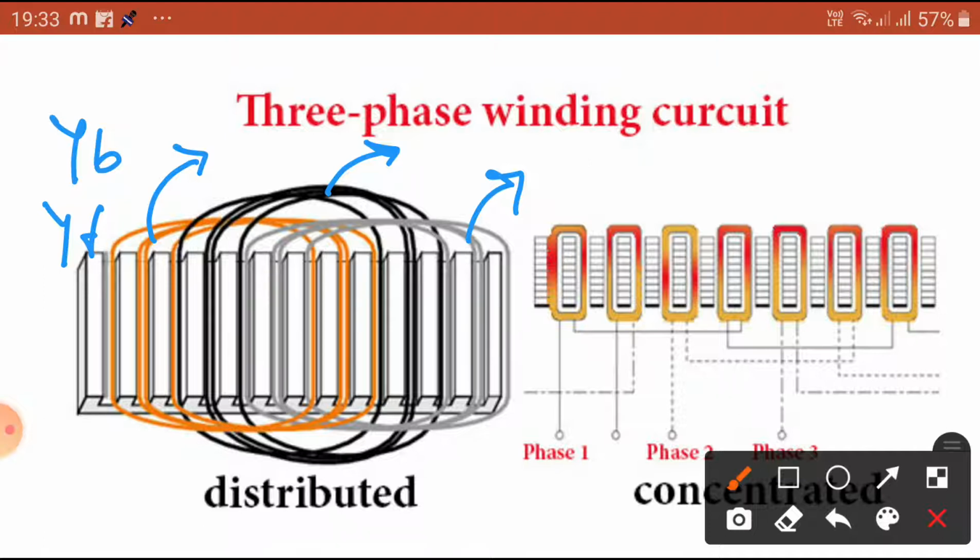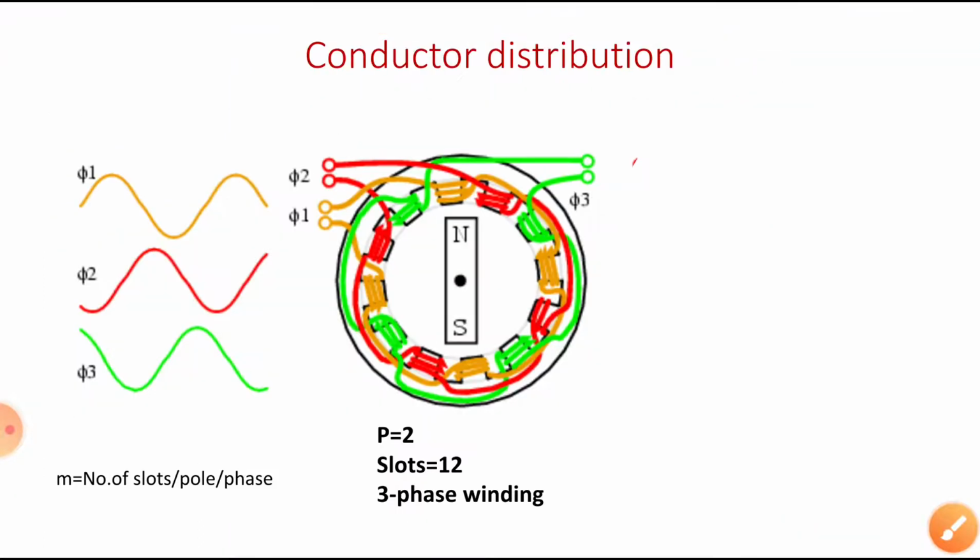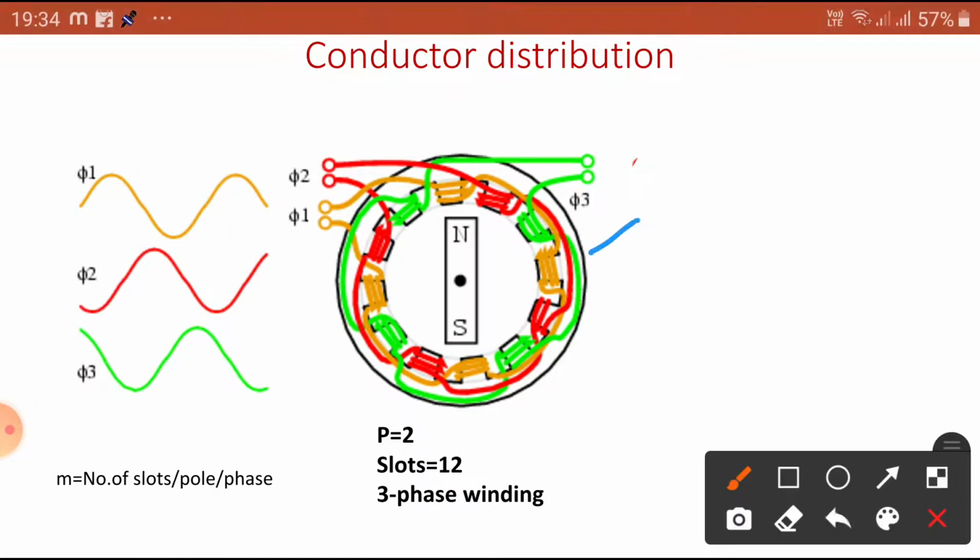Now let us concentrate on how the three-phase winding is distributed in a two-pole machine and a four-pole machine of an AC motor. Let us see. Now we can see how the conductors are distributed in given armature slots. Here let us assume the armature is the stationary part.